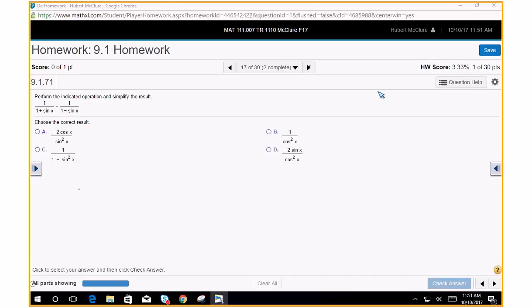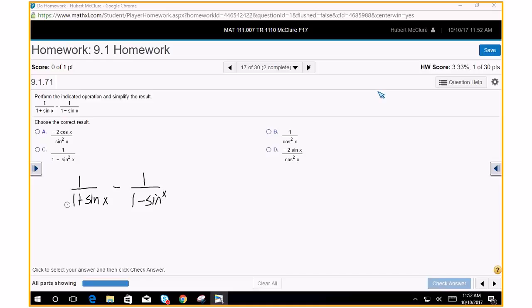This is a very important homework. 9.1 is kind of like the footing for your identities. If you can't do every one of 9.1 homework and get it right, then you shouldn't go on to 9.2. So, 1 over 1 plus sine of x minus 1 over 1 minus sine of x.